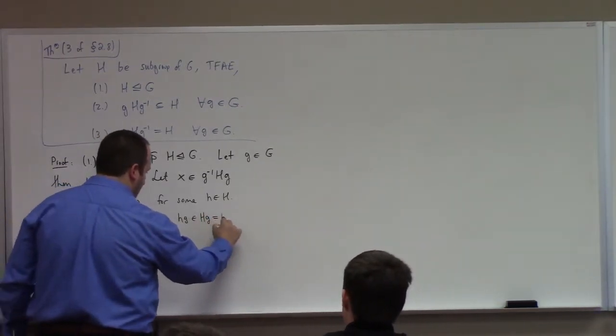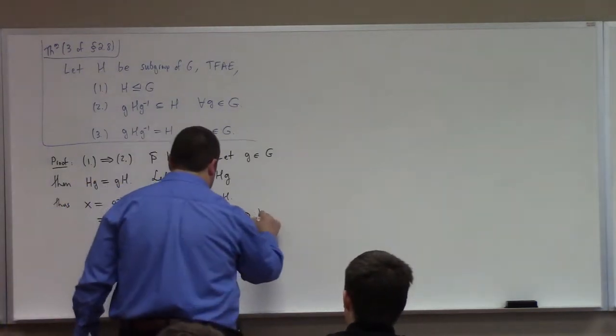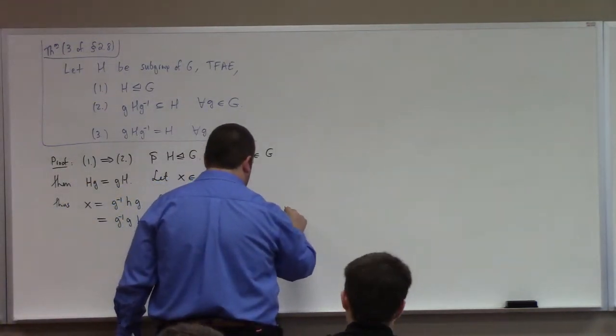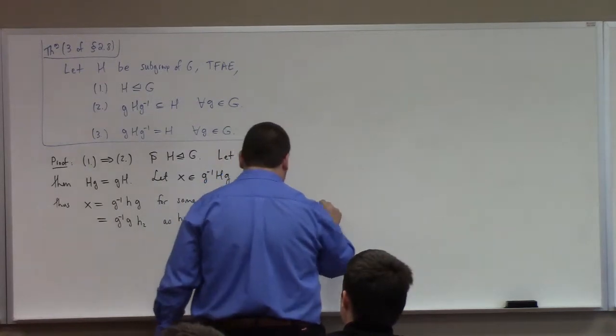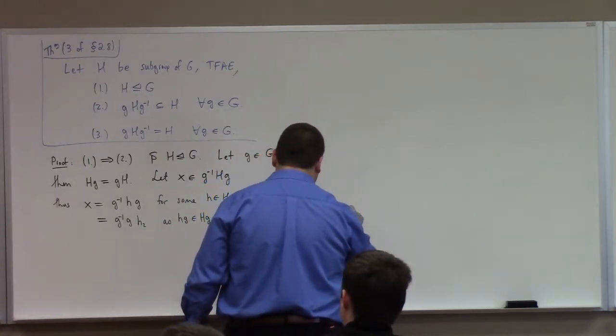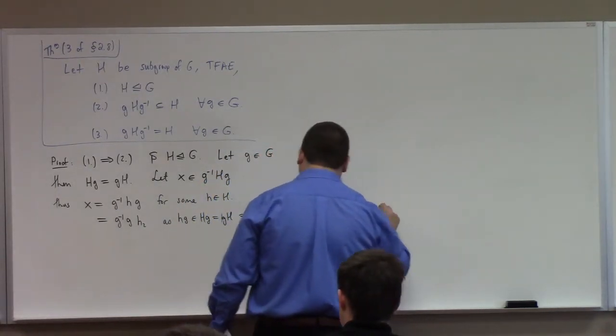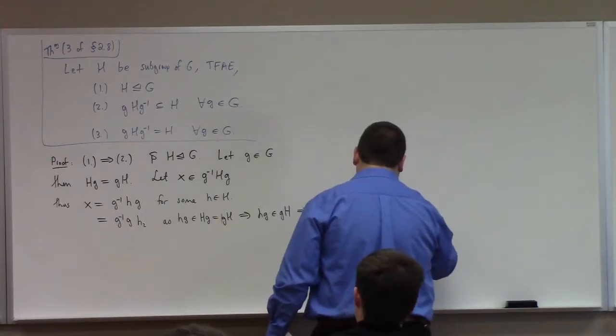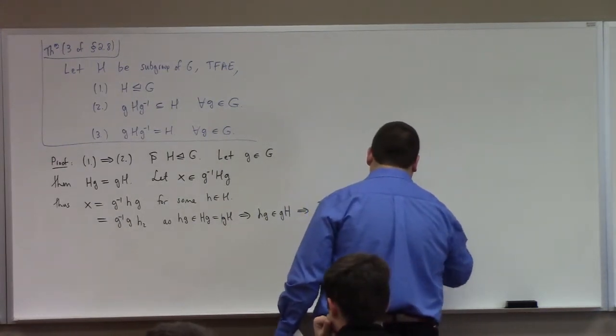That implies that hg is an element of gH, which is to say that there exists h2 in H such that hg is equal to gh2.